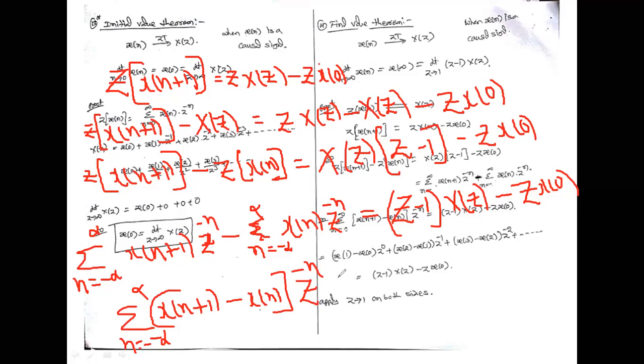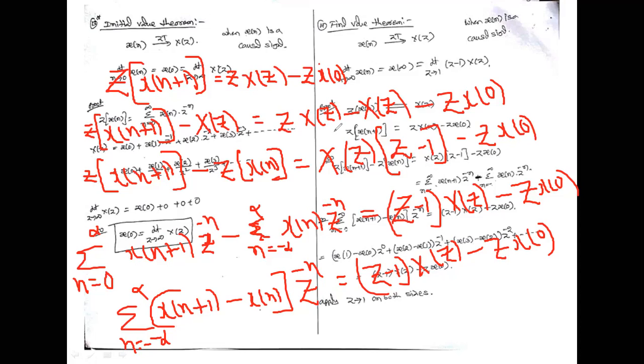This is equal to (z minus 1) X(z) minus z x(0). Okay. Now expand this function. Since it is not minus infinity, because we are using the unilateral transformation, start from 0. It is one-sided only, a causal signal.